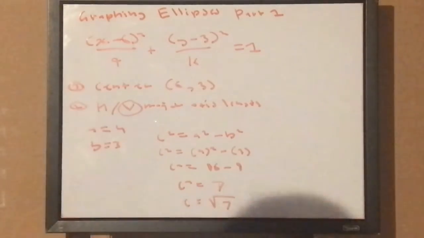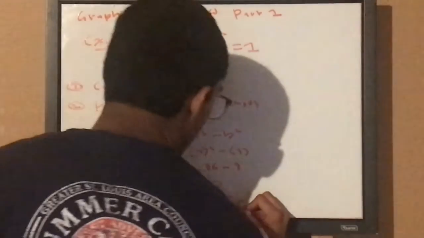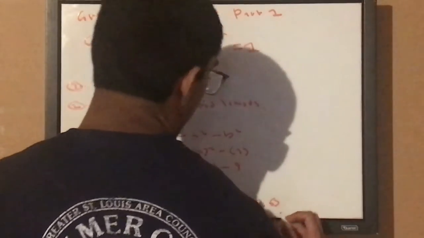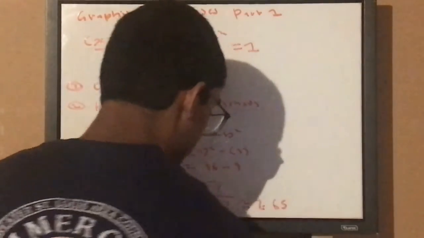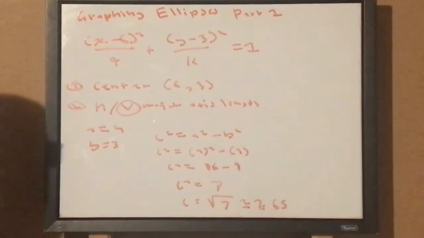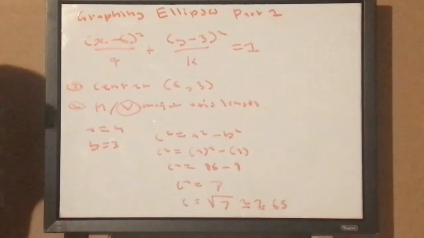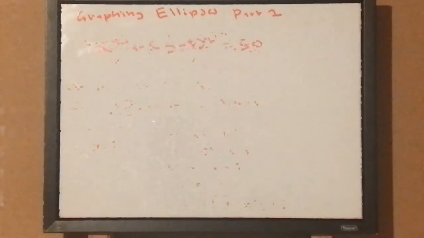Let me just give you a decimal for that value. That is around 2.65. There you have it, ladies and gentlemen. We found the foci, and the A and B values, the lengths, which was in the previous cut. And yeah, let's go on with the third example.